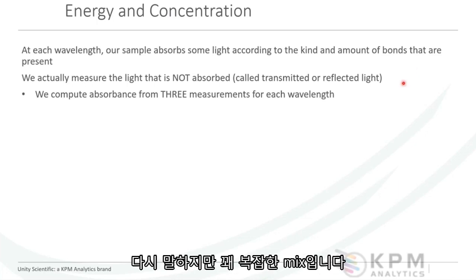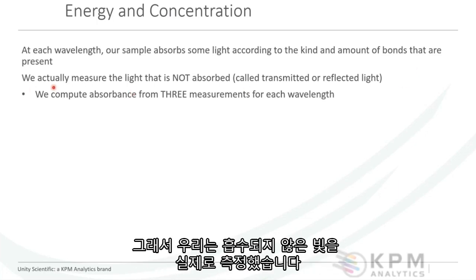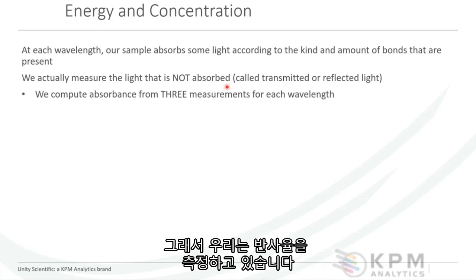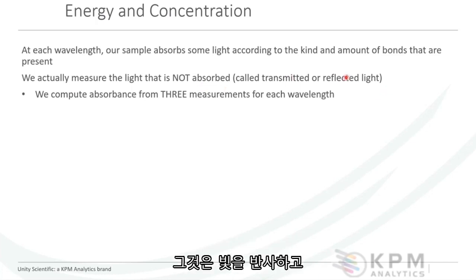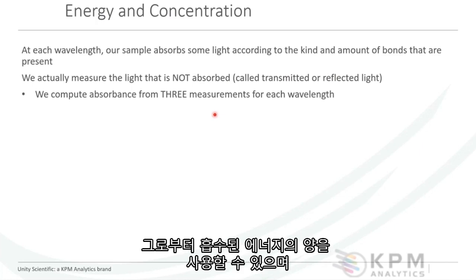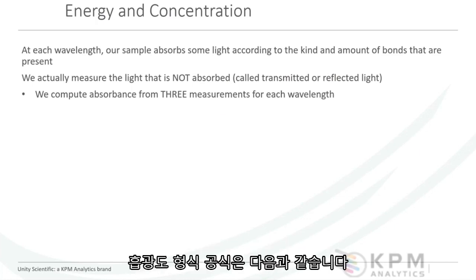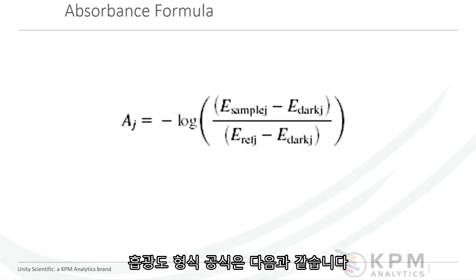So again, it's a pretty complicated mix. We actually measure the light that is not absorbed, so we're measuring the reflectance, the reflected light. And then from that, we can compute the amount of energy that has been absorbed. And the absorbance formula looks like this.